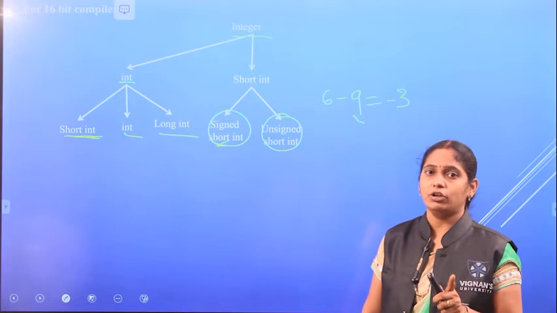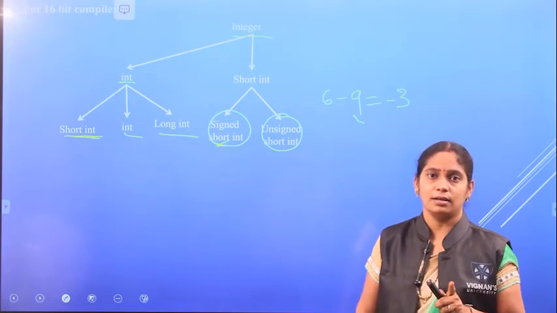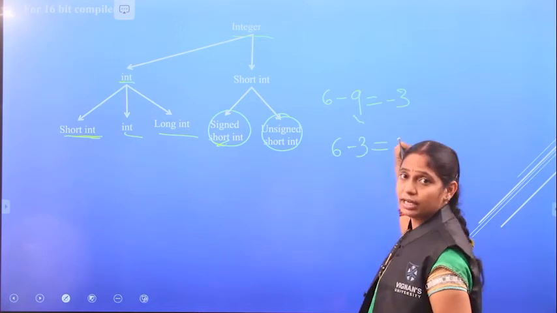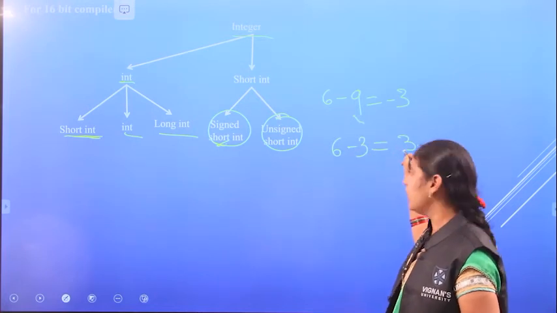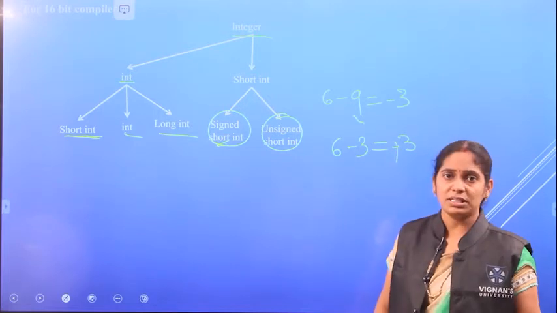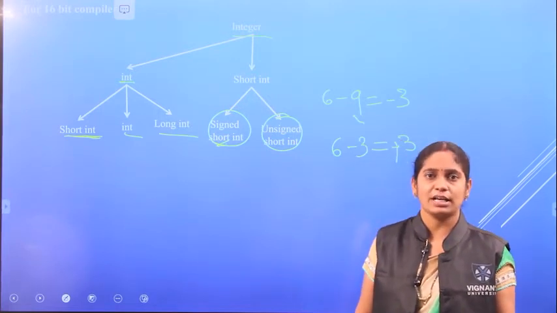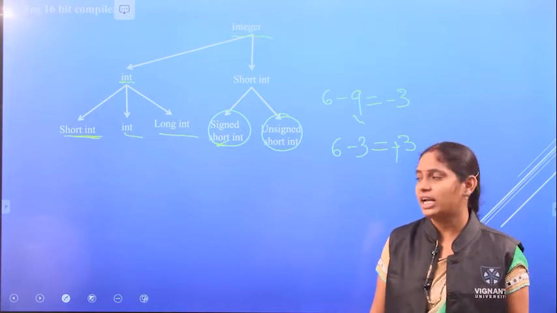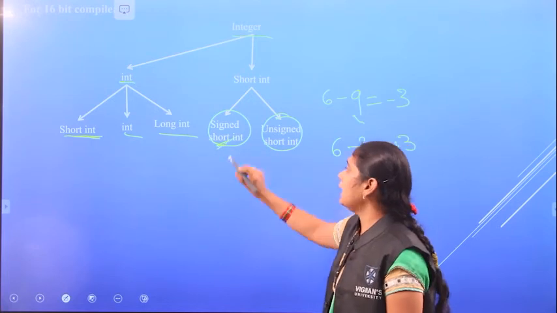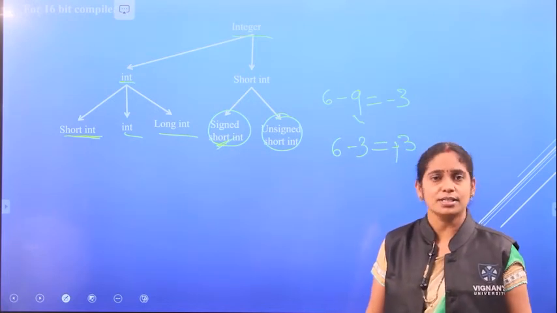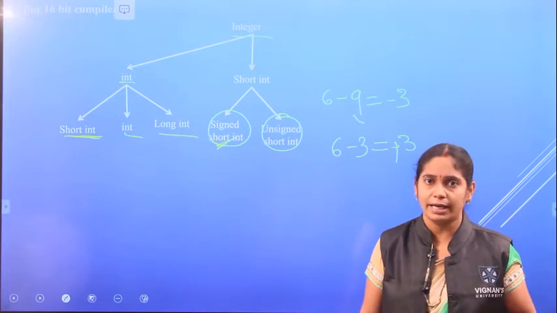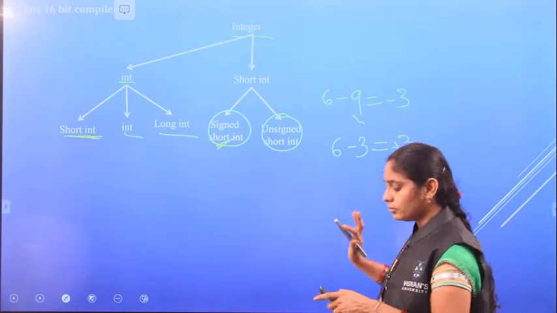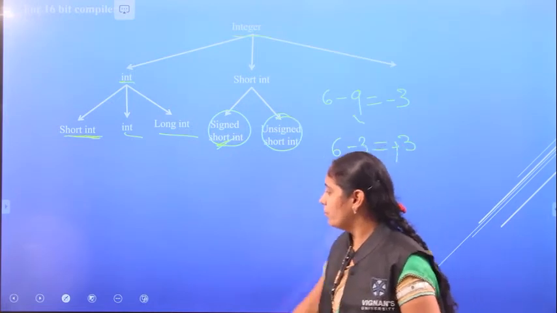So there we need to represent the sign. Assume it is 6 minus 3, then here we get 3. What is the sign here? Positive. So while performing mathematical operations like addition, subtraction and all, we need to represent the sign of each value. In such cases, we have to use signed integers. So in signed integers, it considers both positive and negative. In unsigned, only positives.